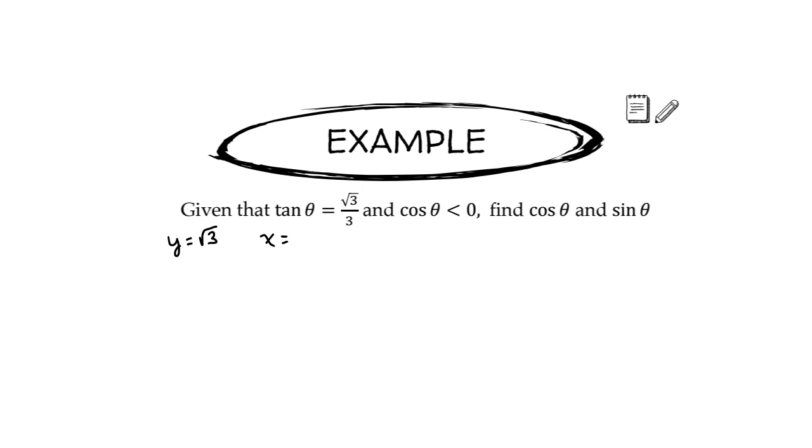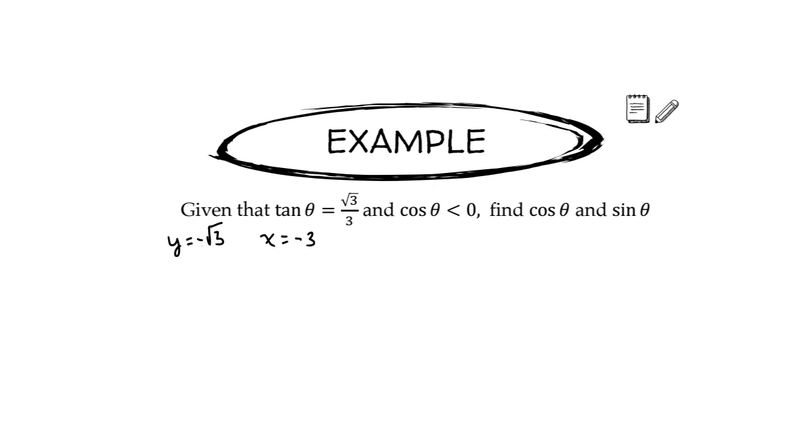However, I automatically notice that there's something wrong with this situation because I'm told that cosine is less than 0. And so that must mean that x is equal to negative 3. However, if x is equal to negative 3, I have another problem because then y divided by x wouldn't be a positive. So it must be the case that y is also a negative.